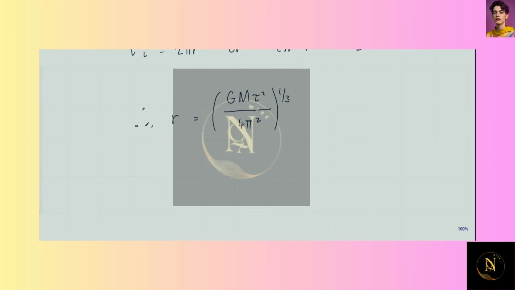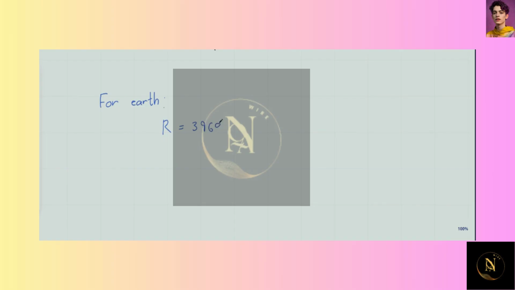And remember, for Earth, well, let's write down our data. For planet Earth, we have the radius of the Earth, R, is 3,960 miles.